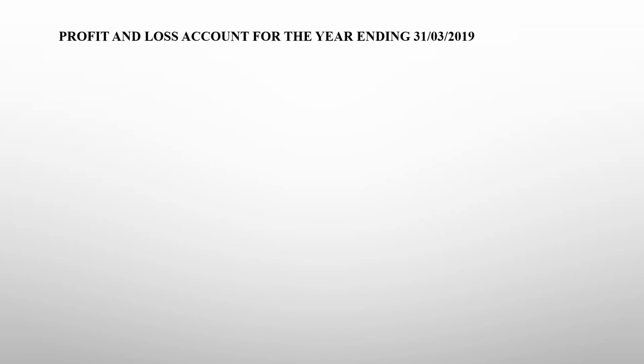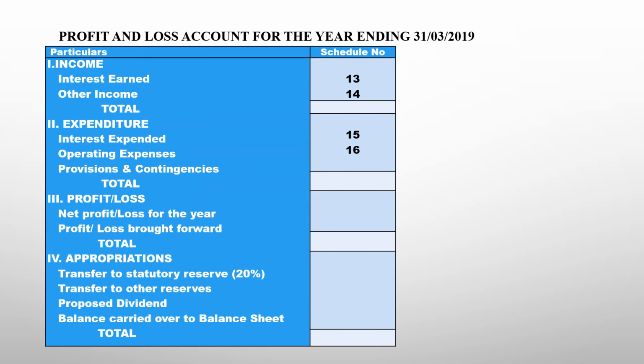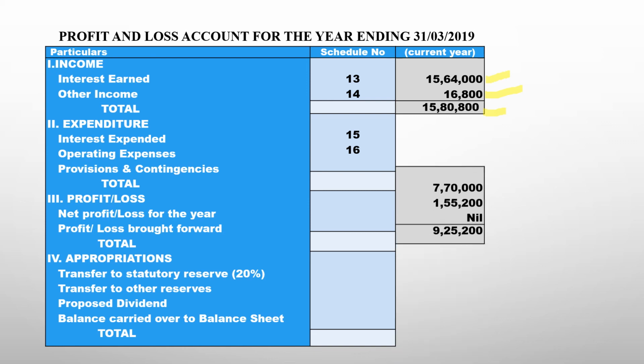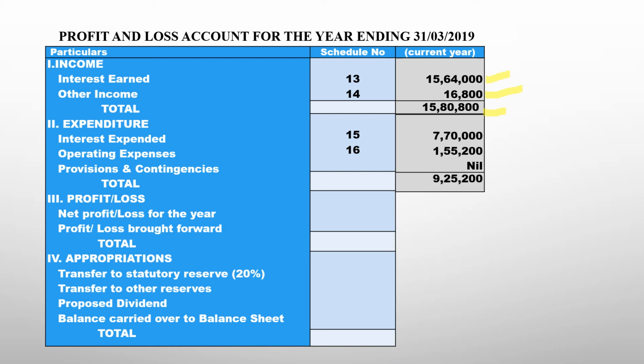Now the format of the profit and loss account for the year ending 31st March 2019. First, schedule number 13, interest earned 15,64,000, other income 16,800, and the total comes to 15,80,800. Next, interest expended 7,70,000, operating expenses 1,55,200, and provisions and contingencies not there, nil.